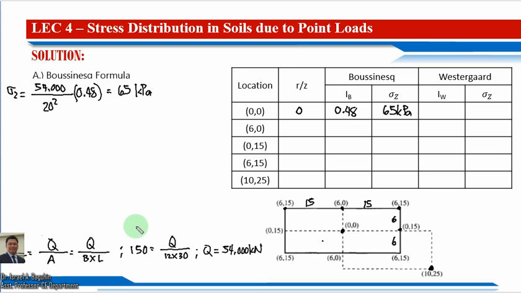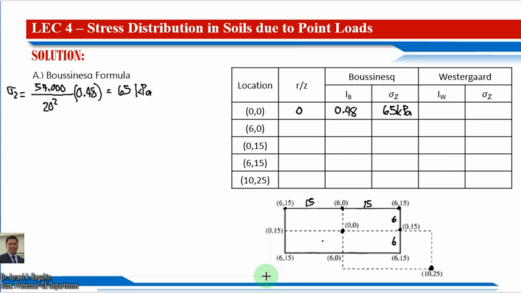So we are done with the Boussinesq, and then we are going to proceed with the Westergaard. Take note that our Q is simply equal to 54,000 kilonewton based on the given problem.